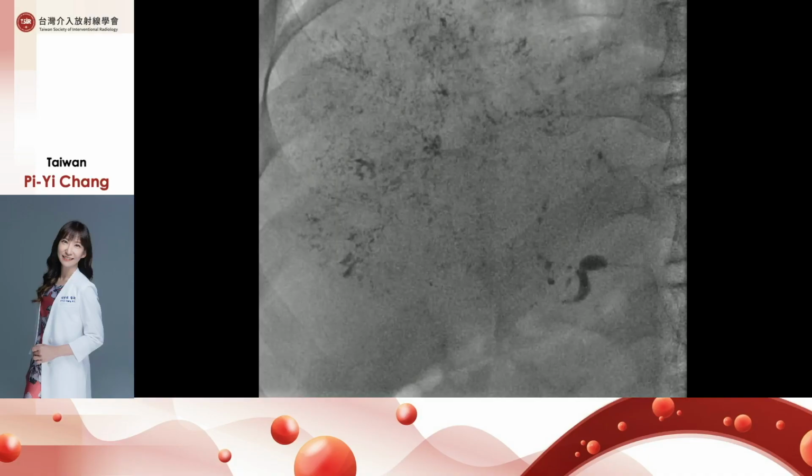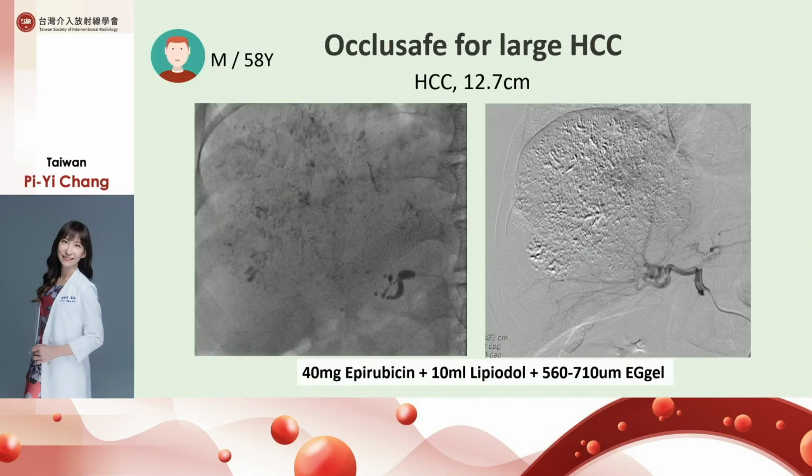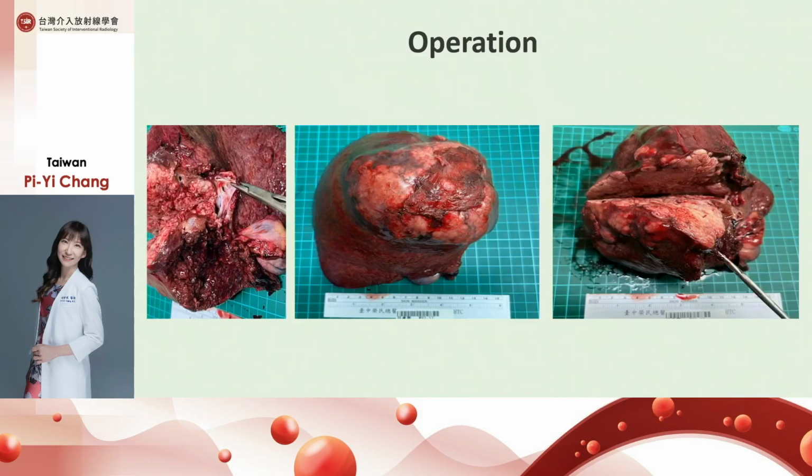Then we inflated the balloon and injected the lipiodol. You can see most of the lipiodol filling into the tumor, and on the post-embolization image, you can see almost total occlusion of the tumor. So the patient also got the chance to get an operation.